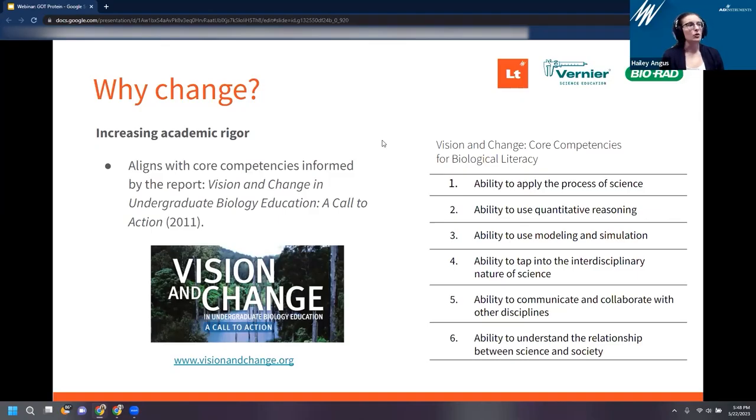So we really wanted to incorporate these 6 core competencies as soon as you can to the students. So we've also taken Bloom's taxonomy, all these other ideas about appearances and pedagogy, and we've incorporated them with these 6 core competencies that we expect biology students to have. And so if you're not using LT, I recommend looking into those resources and maybe applying some of those concepts to your lecture material or your lab content.